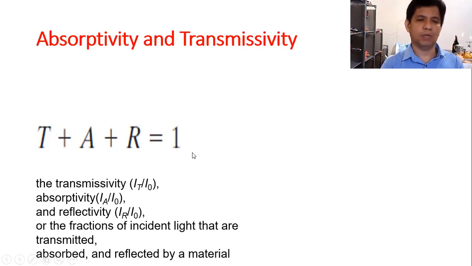So this is the basic equation of optical properties: transmissivity plus absorptivity plus reflectivity is equal to 1. Okay? Just a basic equation to review.